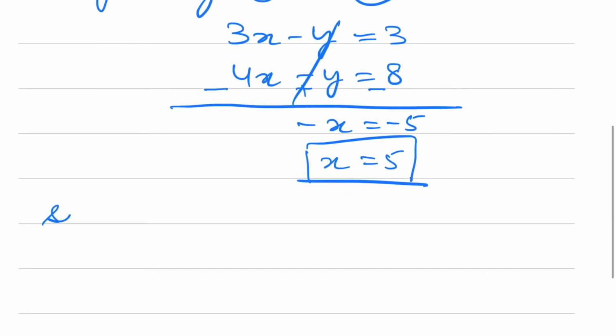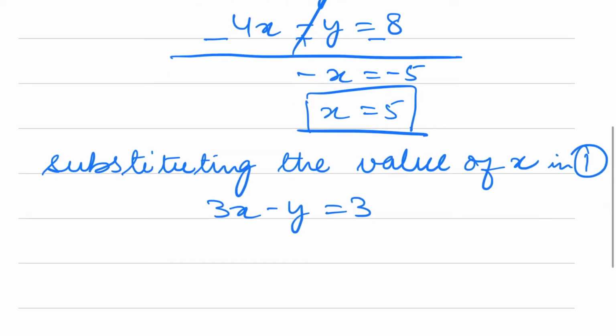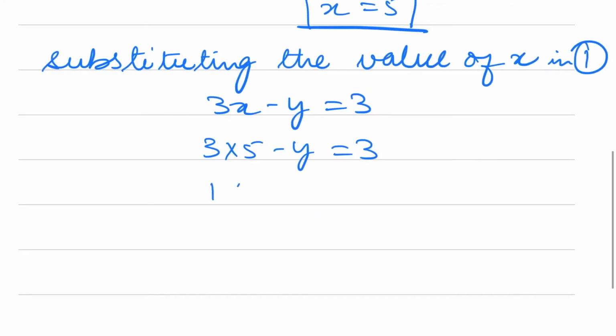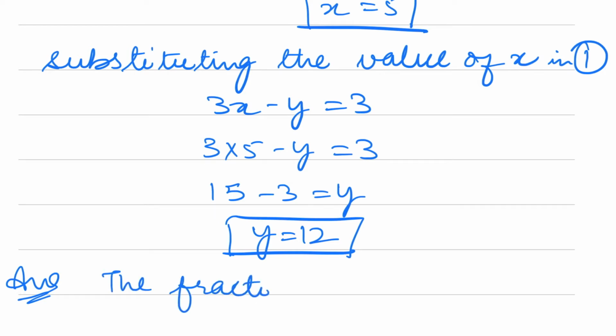Now substituting the value of x in first, 3x minus y is equal to 3, so 3 into 5 minus y is equal to 3, so 15 minus 3 is equal to y, so y is equal to 12. So answer, the fraction is 5 by 12.